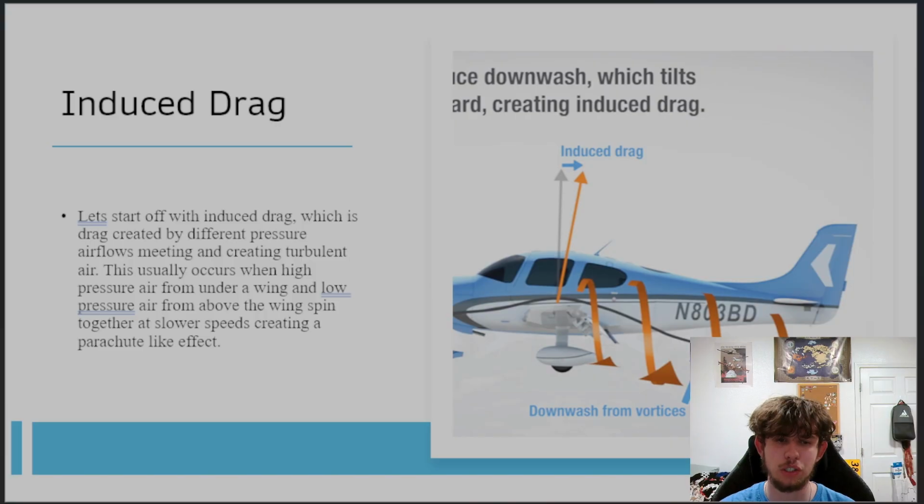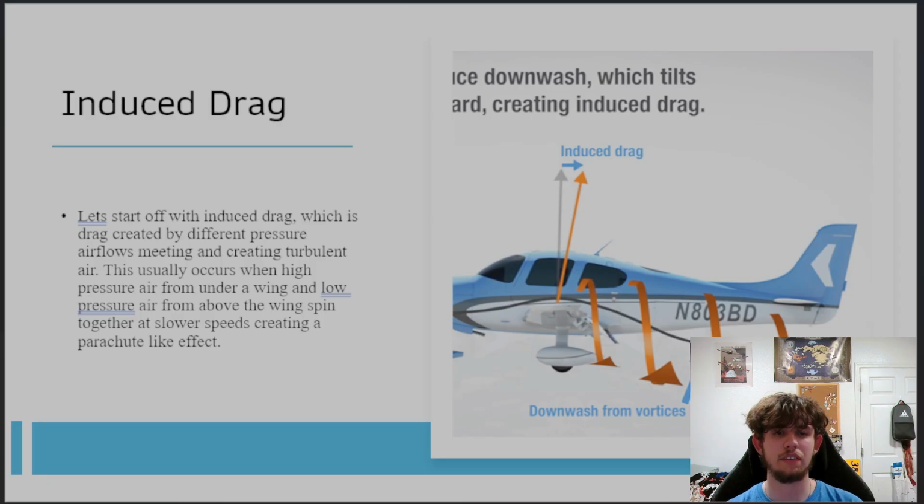They meet a bit more smoothly at the back edge of a wing in the middle, but on the wingtips they're kind of just forced together right here, and they create a spiral of low and high pressure until they're able to equalize some distance off the back of the aircraft.